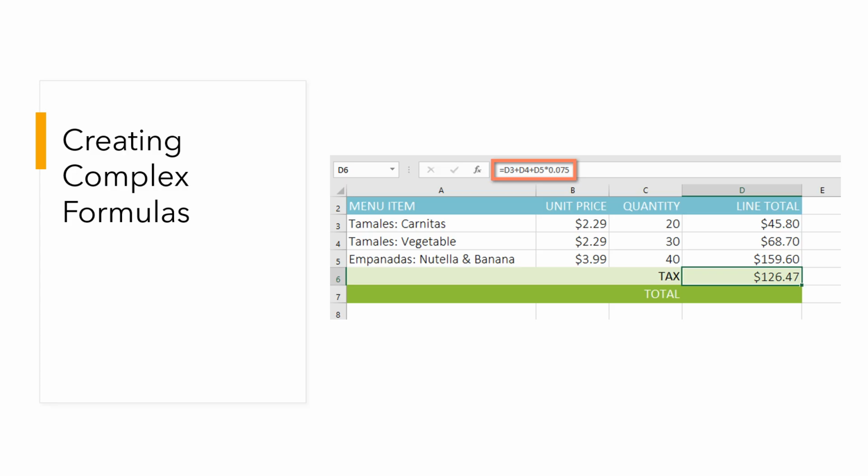So it's going to take that D5, which is $159.60, and multiply it by 0.75. And then it's going to take that value and add it to 68.70, and then add that to 45.80, which you end up with a wildly different number. So it is very key to pay attention to the parentheses. You will need to do that a lot in this class.